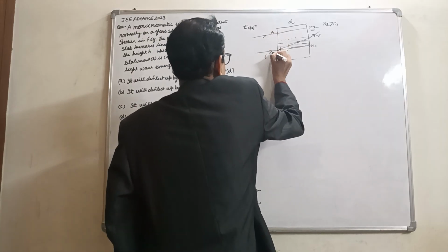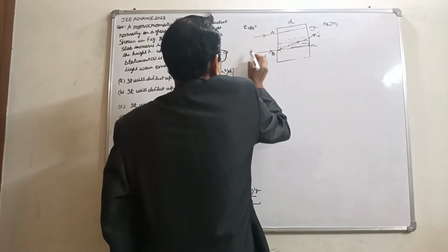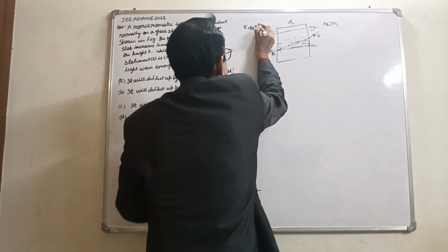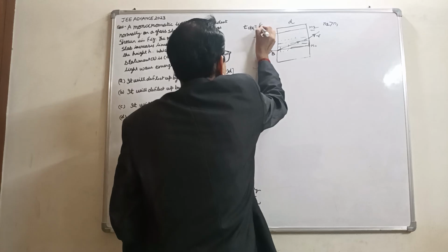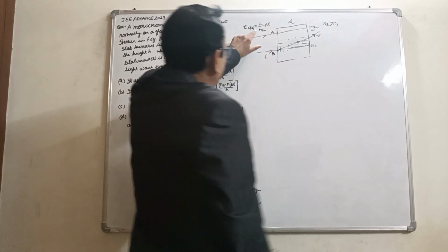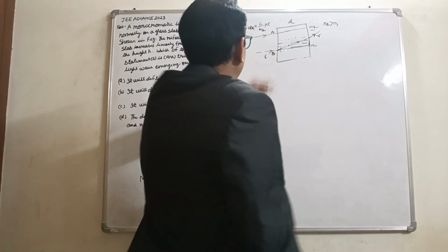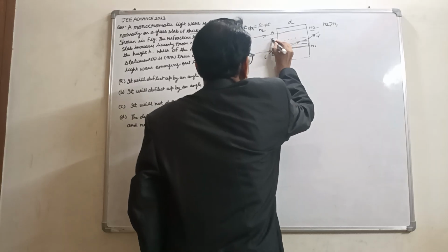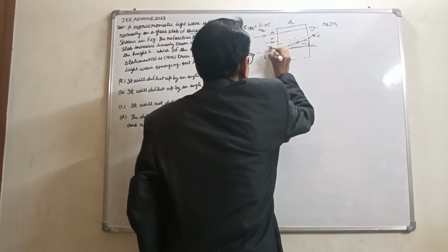Suppose this is ray A and this is ray B. The optical path would be N2 into T, where T is the time period.